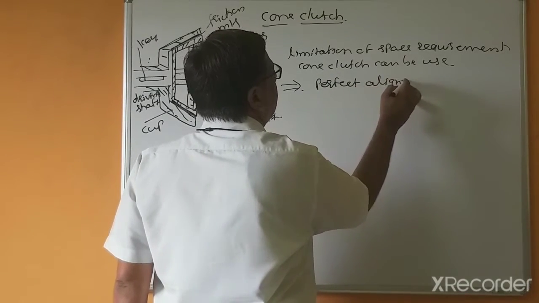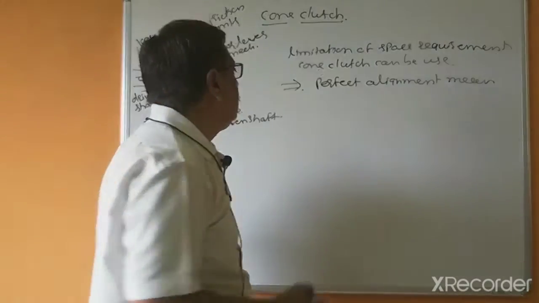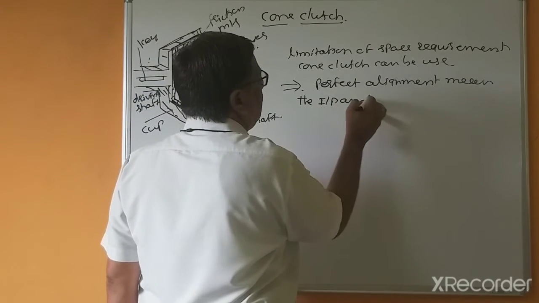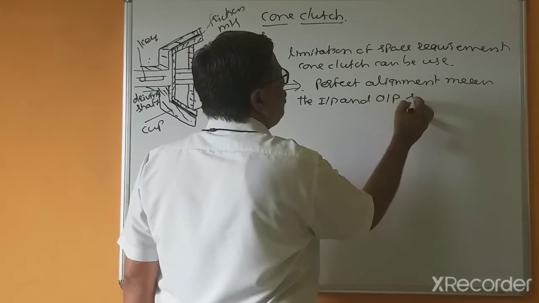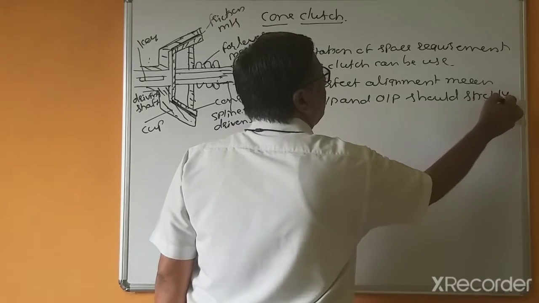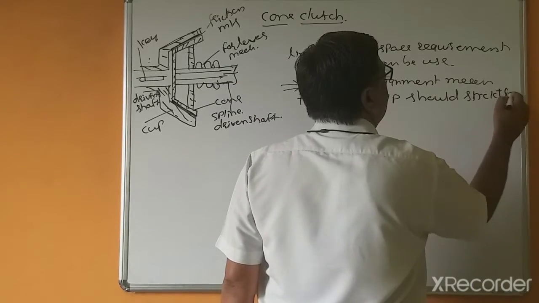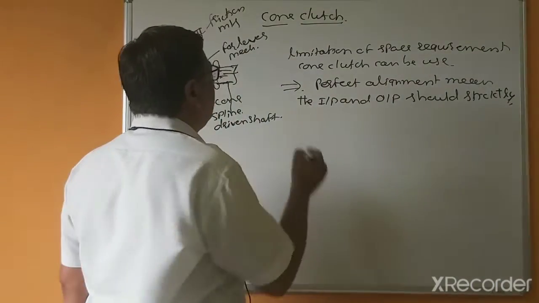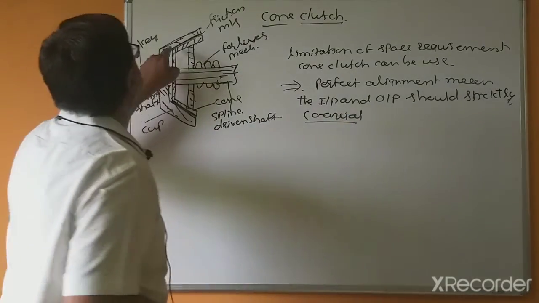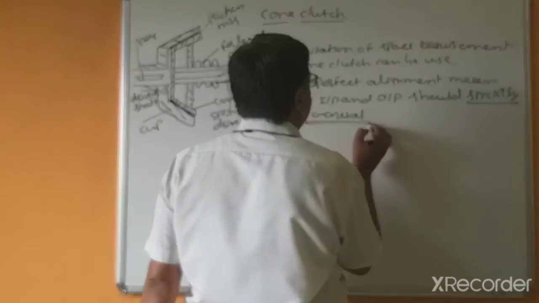Perfect alignment means the input shaft and output shaft should be strictly coaxial, because power is to be transmitted, that's why this should be strictly coaxial.